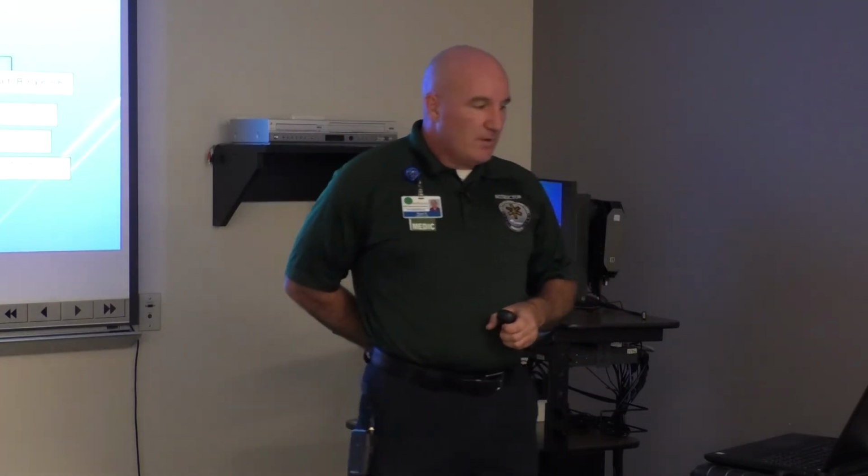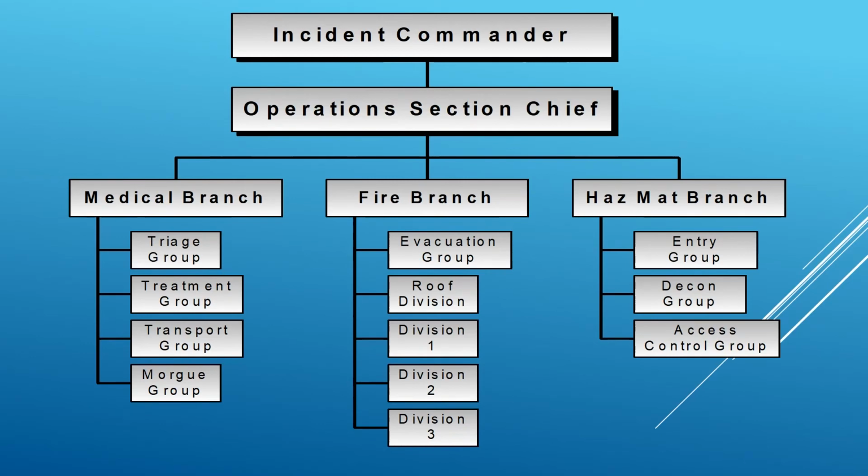So we also can break out the branches by those functional references like we talked about. So we can have a medical branch, we can have a fire branch, and we can have a hazmat branch. And there are some breakdowns of some of the groups and divisions that you could have underneath of those particular branches. So that's another way that you can develop your incident.